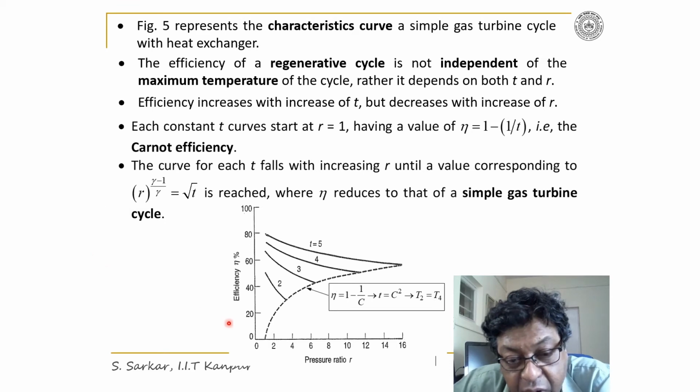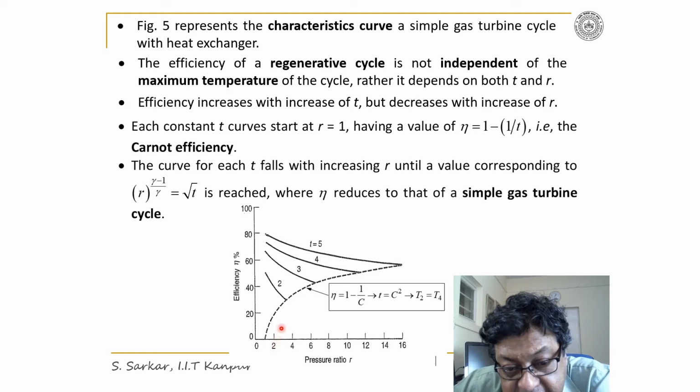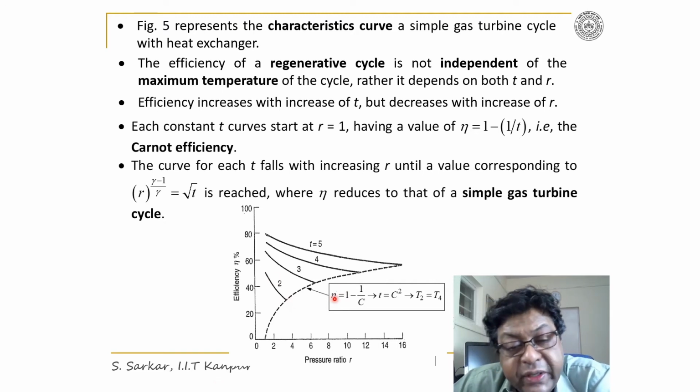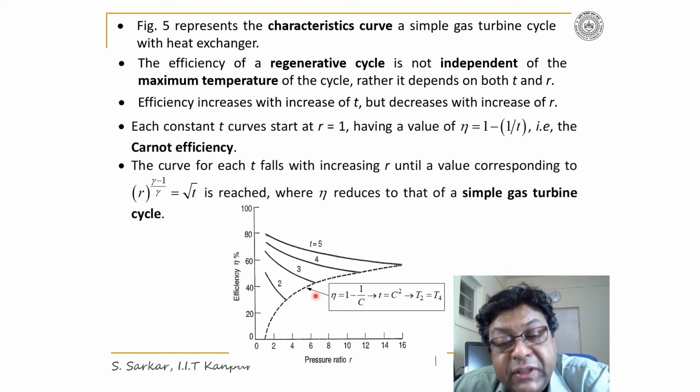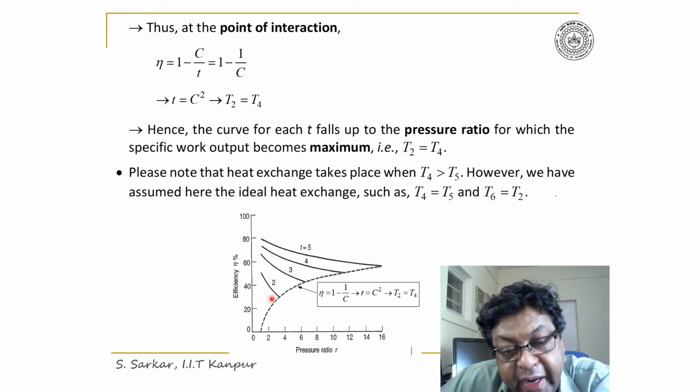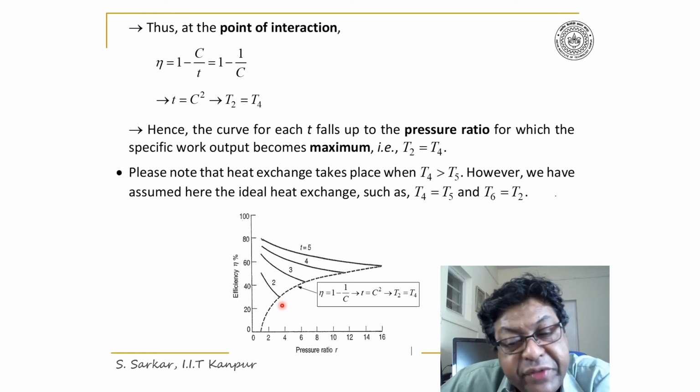That means, at the point of intersection, expressed by the dotted line, the locus of all points of intersection, the dotted line represents the efficiency of a simple gas turbine cycle. With respect to figure 5, further, at the point of intersection, the efficiency of the regenerative cycle would be equal to the efficiency of a simple gas turbine cycle.